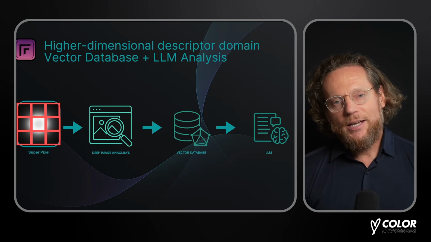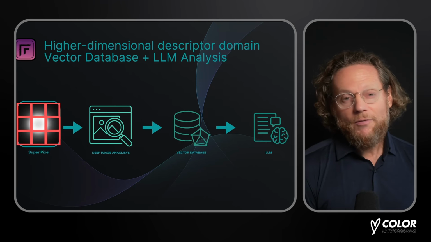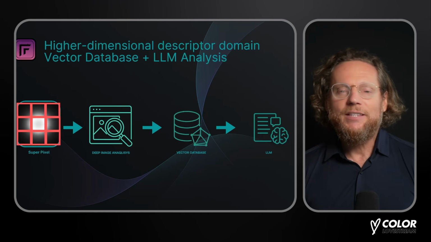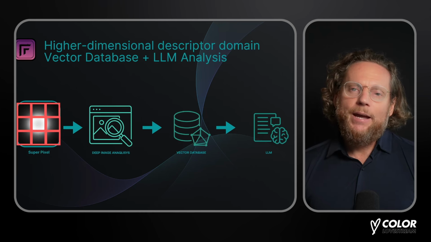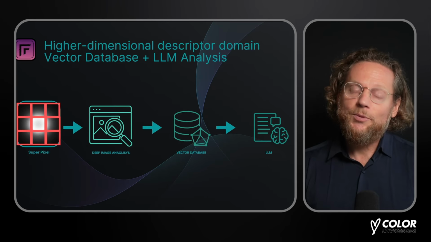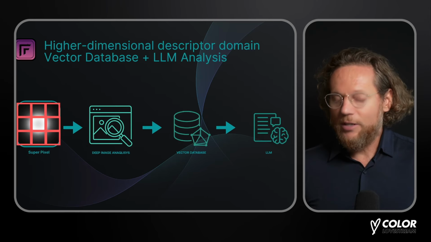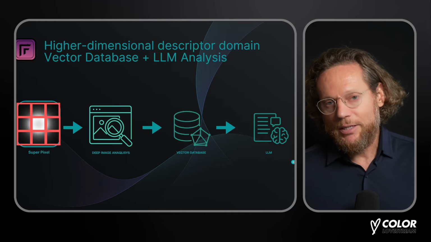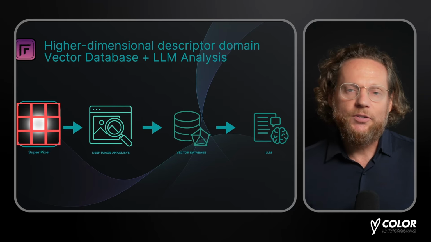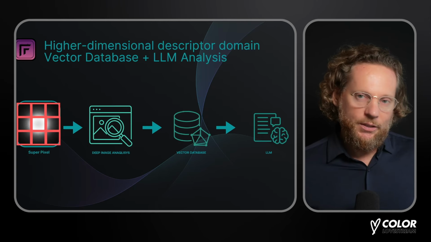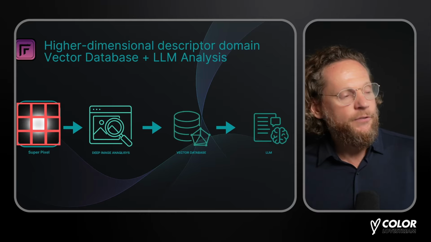So it's a relatively new way of image analysis that we haven't had before, and definitely completely new when it comes to film emulation, and one that has led to incredibly important discoveries that have then been deployed in our product called Filmlab Ai.